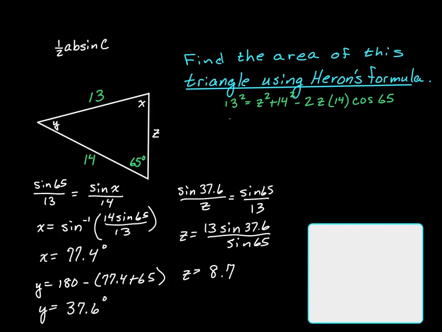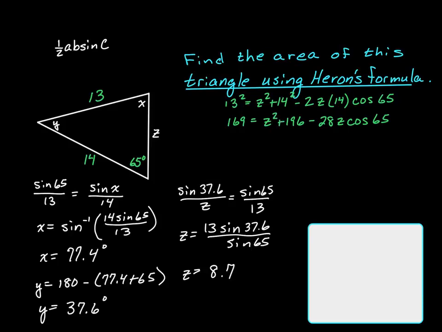All right, so let me work this out a little bit here. It's 169. 14 squared is 196. This would be 28Z cosine of 65.